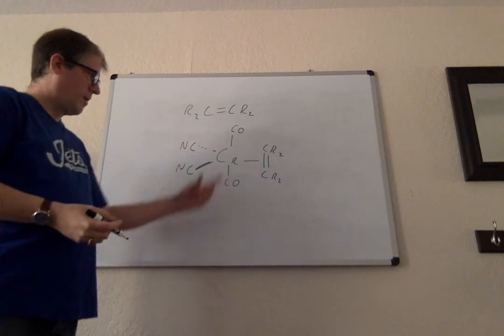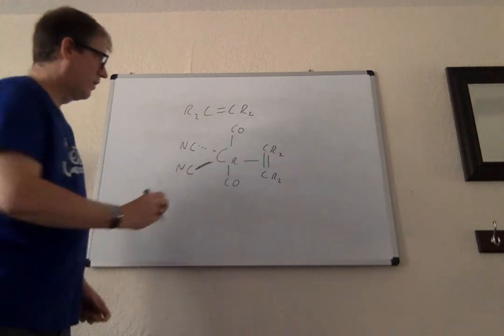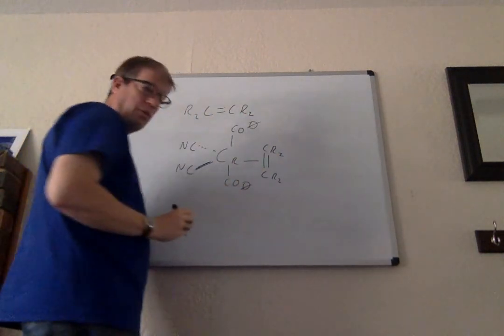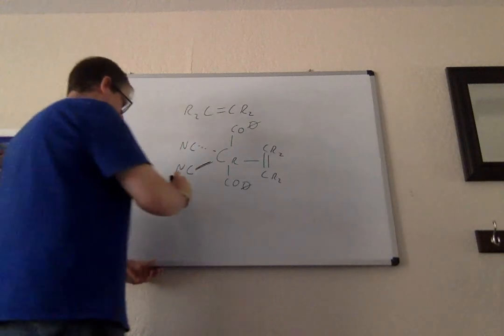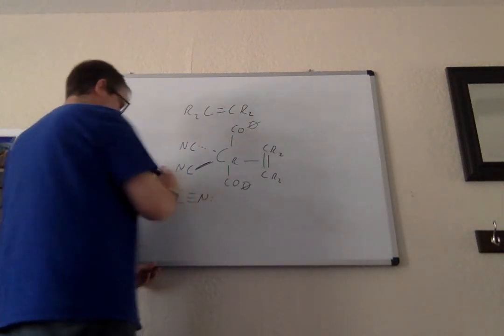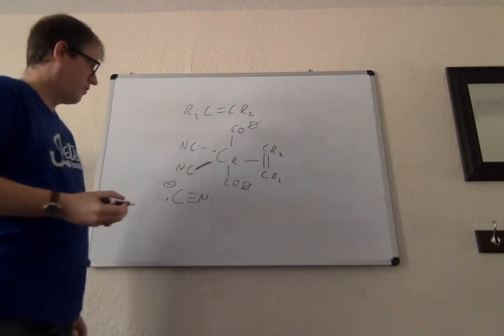What's the charge on the chromium? What's the d electron count? We already know the charge. Going around and around and around. Those are neutral. This is cyanide, very common ligand, negative charge.